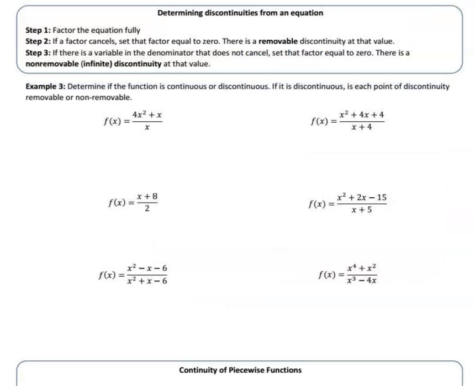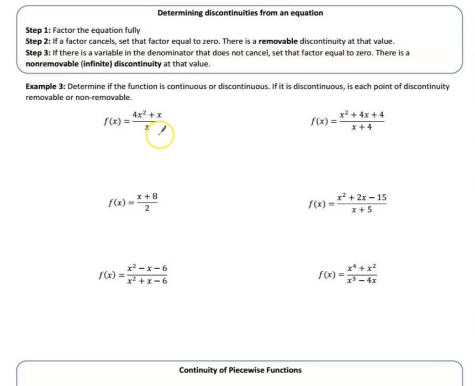Now, to determine from an equation, or from a function that's written out analytically, whether there's a discontinuity, we need to know, can the denominator ever be 0? If the denominator is ever 0, the function is discontinuous, because we're not allowed to divide by 0.